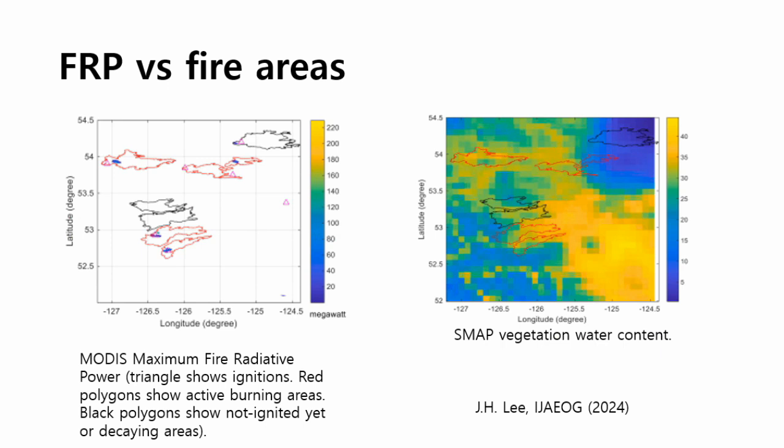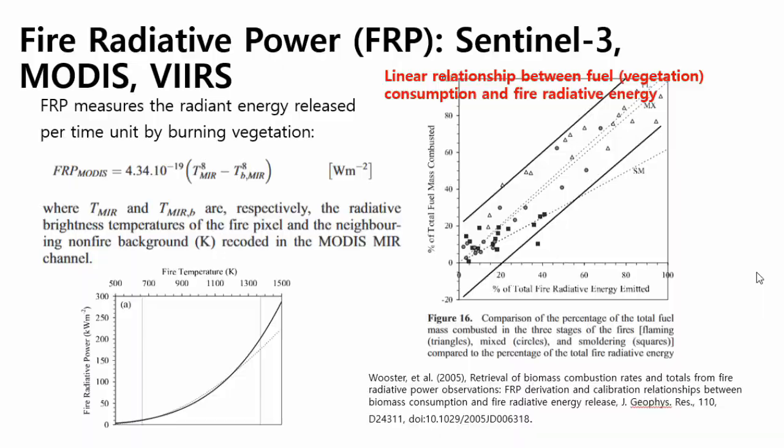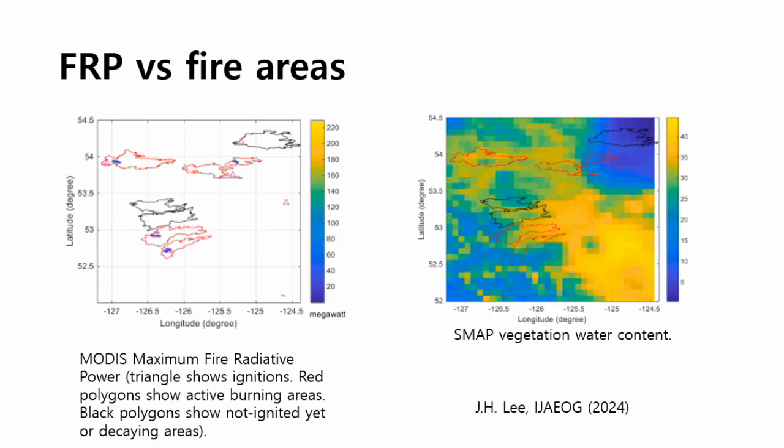If you look at the left-hand side, this is MODIS fire radiative power. Fire radiative power measures radiant energy released by burning vegetation, so it's more likely just showing active fires rather than the predictability.